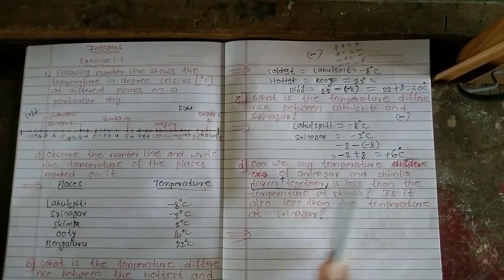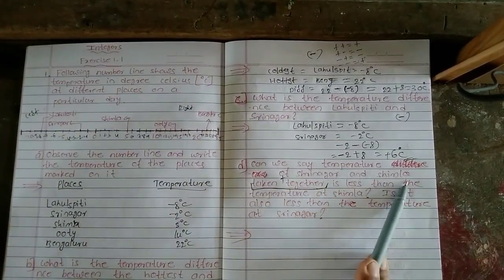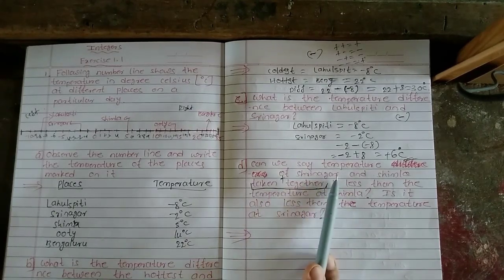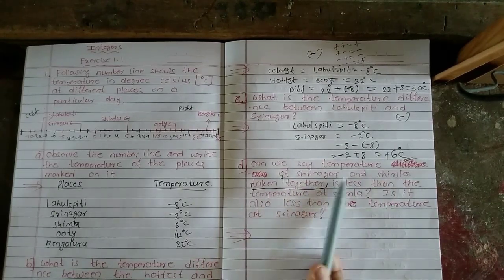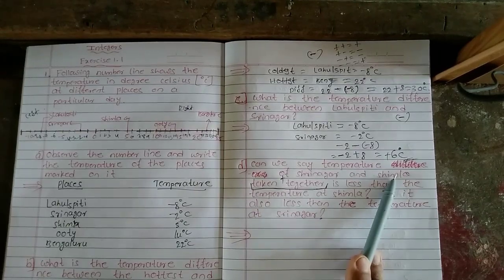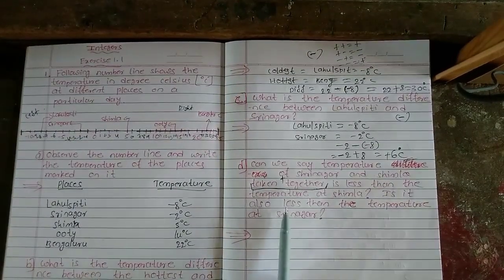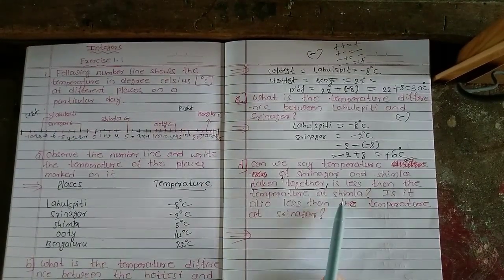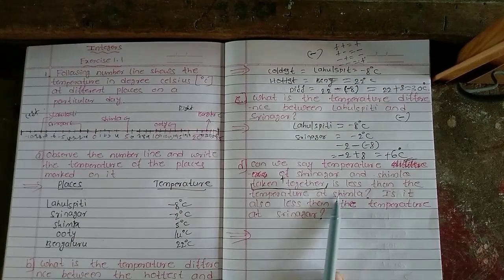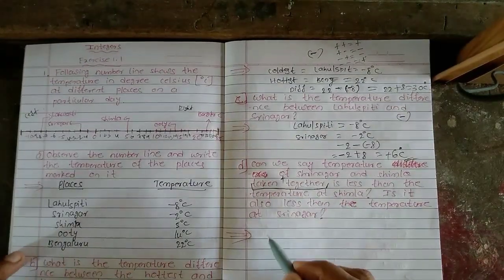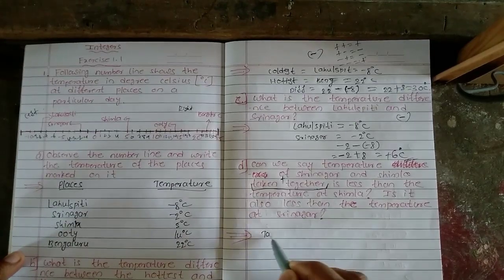We can take the temperatures of Srinagar and Shimla both together. Taken together means we have to add those. Is it less than the temperature of Shimla? Taken together means solve those things first.